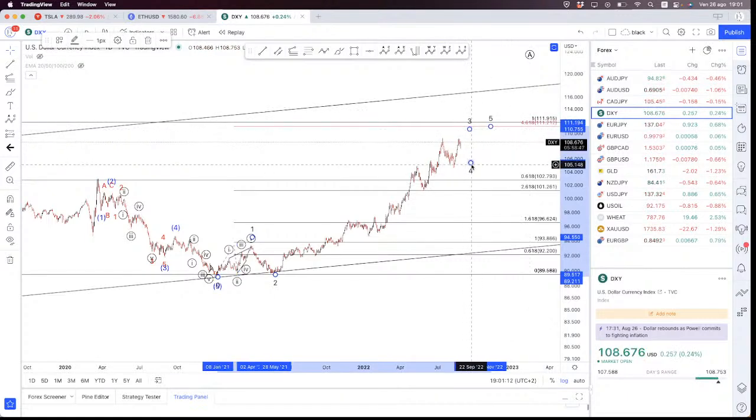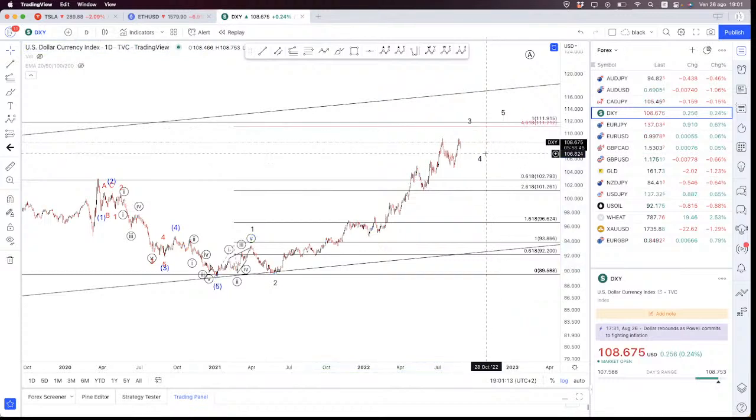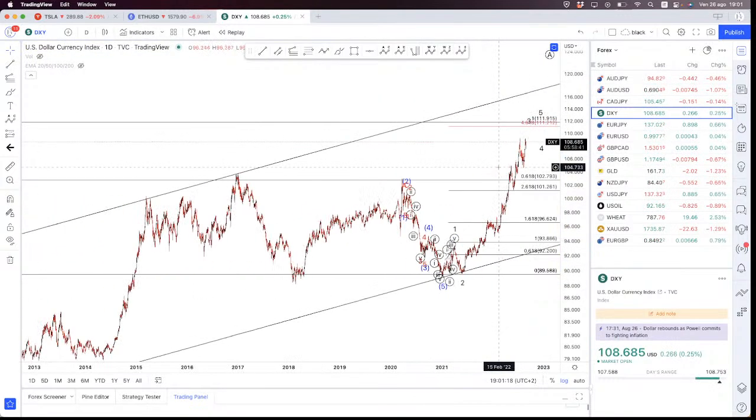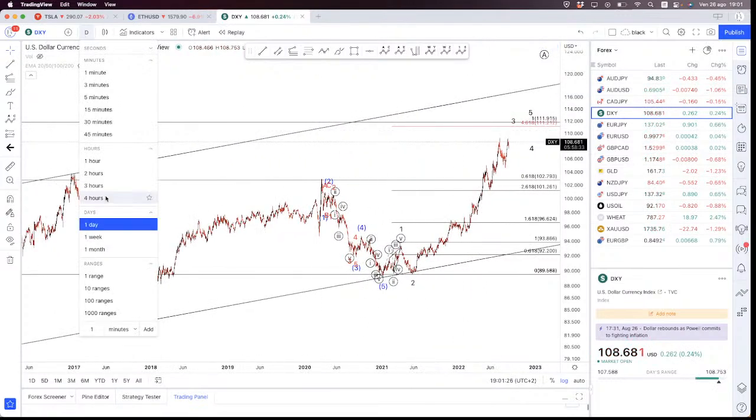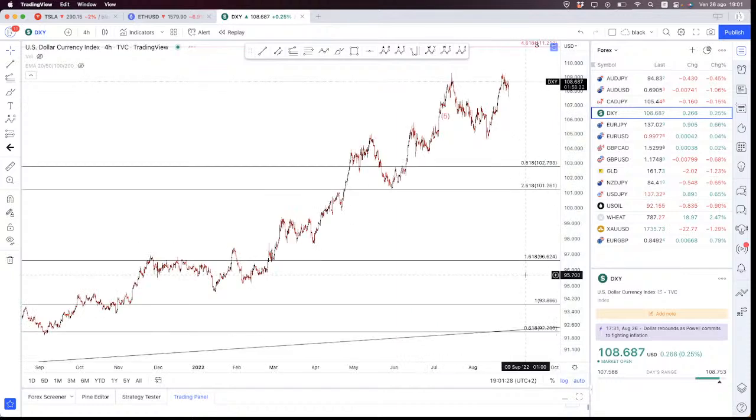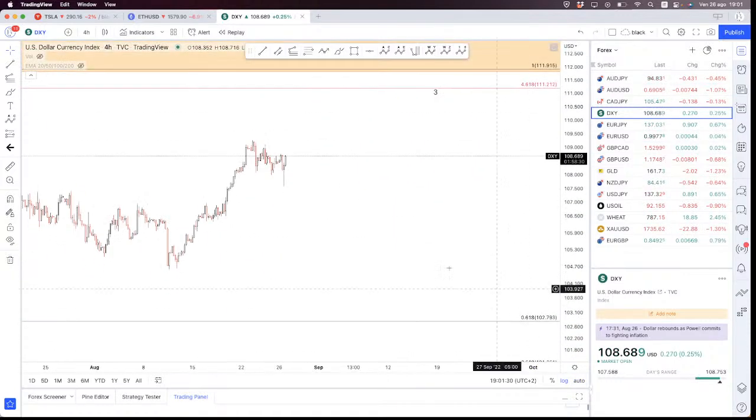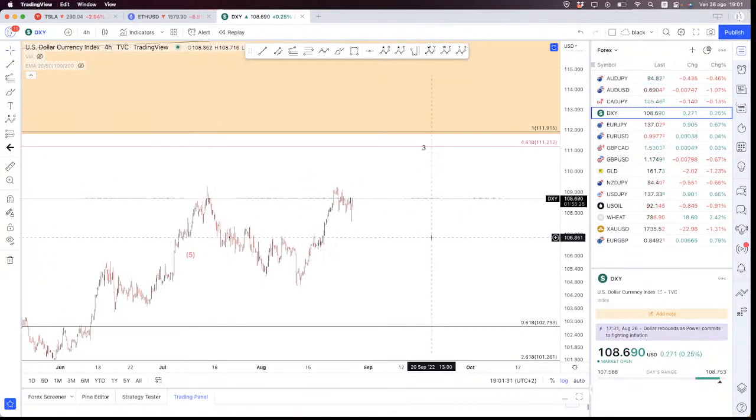So I guess we have more room, to be honest. Around 110, between 110 and 112, I would expect something to happen. But yeah, I think there's more room. Not much, but it looks like there's more to the upside. Let me know if there's any specific question you have.